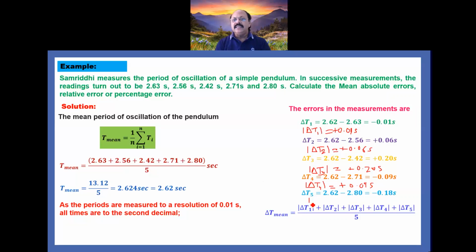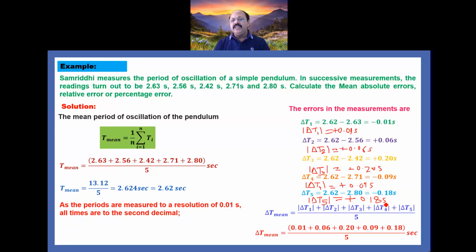Similarly, delta T5 mod equals 0.18 second.